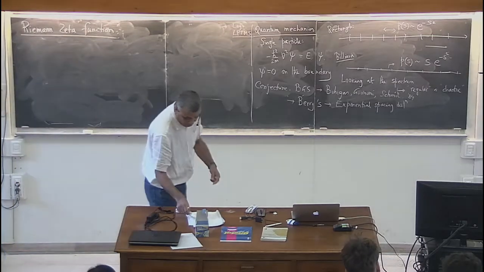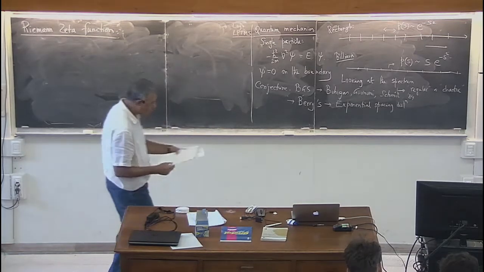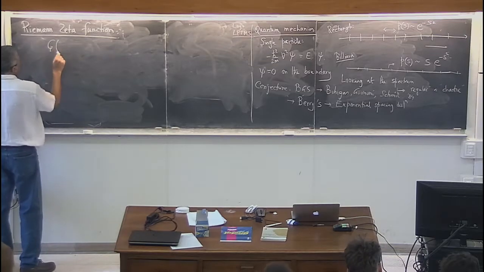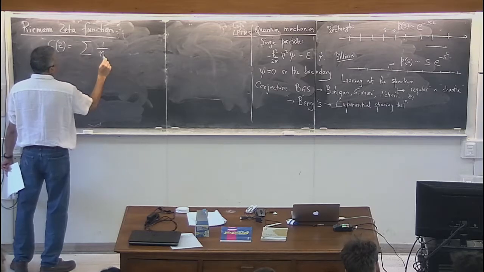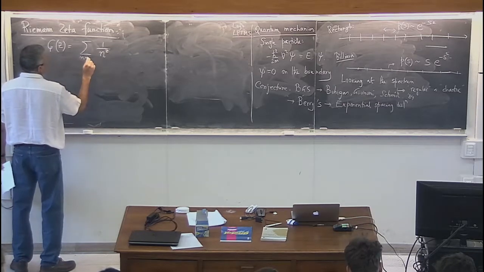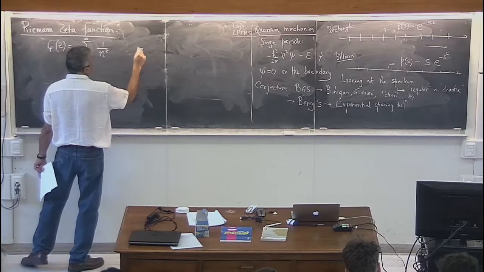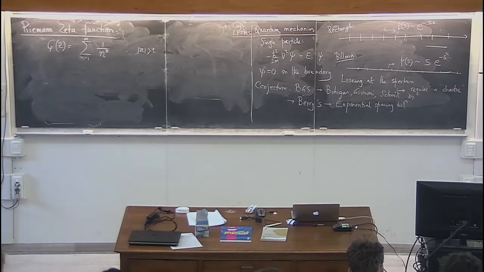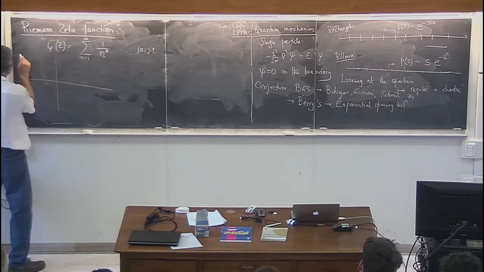The Riemann zeta function is defined as the sum of 1 over n to the power z, n going from 1 to infinity. This is a convergent series for Re z bigger than 1 in the complex z plane, and you can define it in the whole complex plane by analytic continuation.